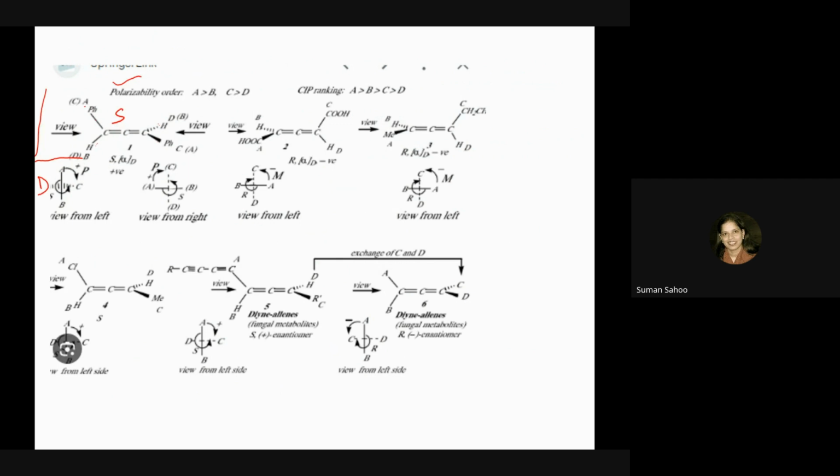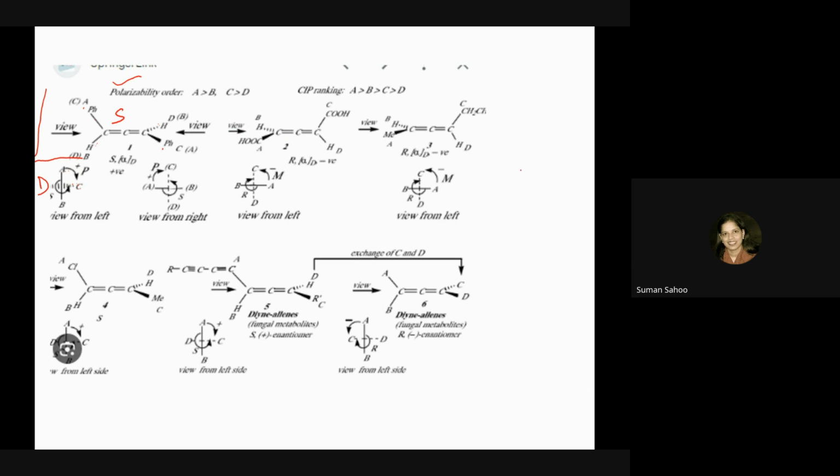So the first priority of this and the first priority of this: if they are both on the right hand side, that gives you a positive Cotton effect. If they are on the left hand side, they give you a negative Cotton effect. For example, in this one, you view from this side.